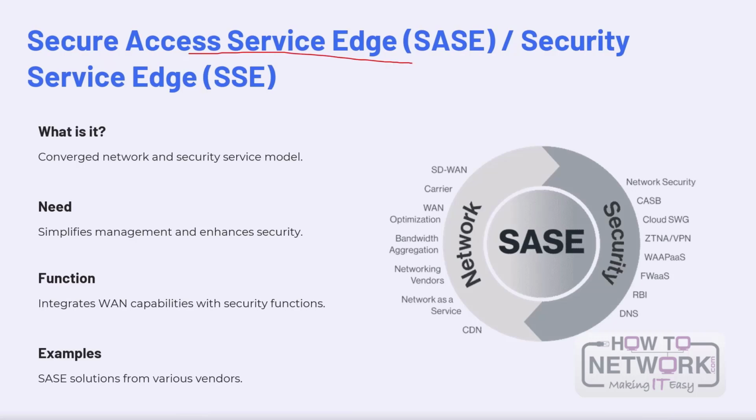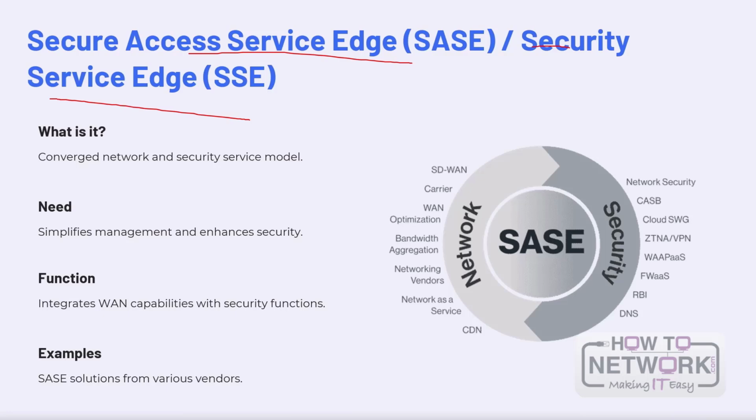Another topic is SASE, Secure Access Service Edge, and SSE, Secure Service Edge. These two concepts or technologies represent a converged network and security service model. They integrate networking and security into a unified cloud-based service, providing comprehensive security and optimized access to applications and data regardless of user location.